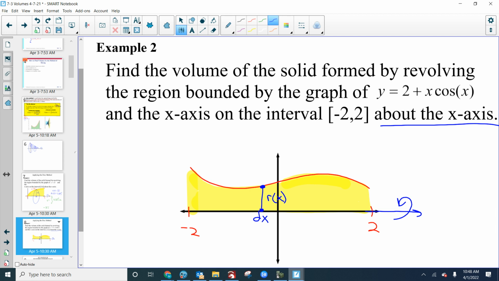So r of x is 2 plus x cosine x. Who can raise their hand and tell me a of x? Tom. Pi times 2 plus x cosine x squared. Thank you.